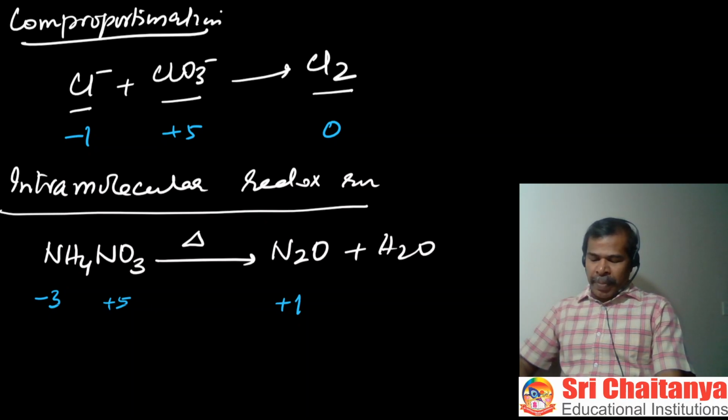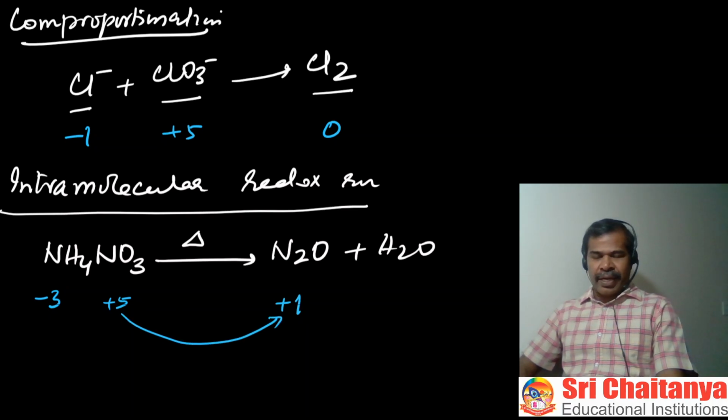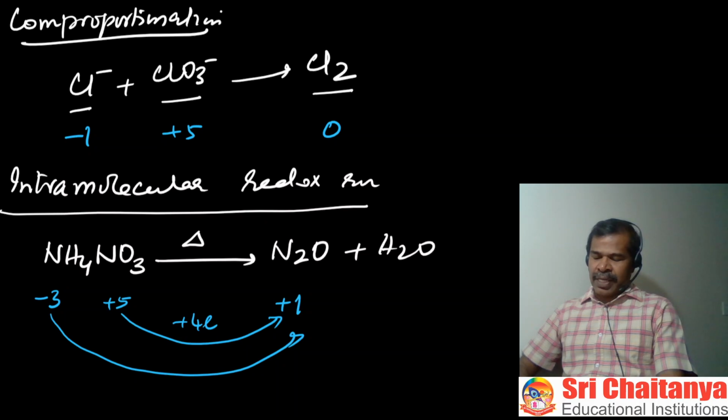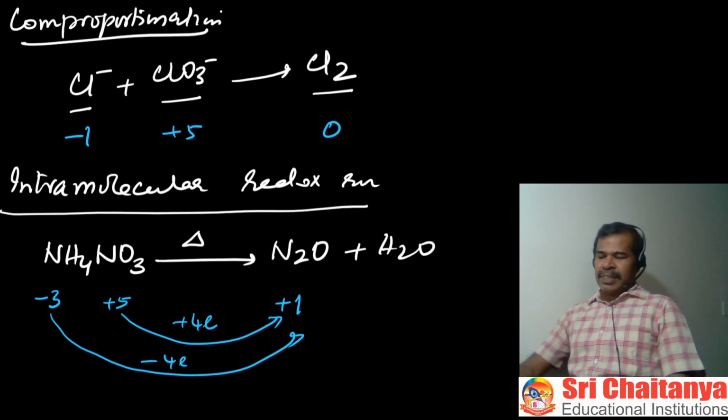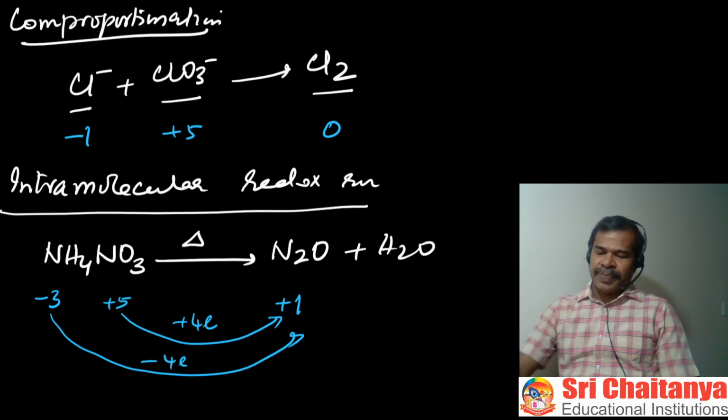So -3 and +5 are getting together to form +1, that is, there is a 4 electron gain and there is a loss of 4 electrons. That means it is gaining 4 electrons and here there is a loss of 4 electrons. So internally the electrons are getting balanced. So that is called an intramolecular redox reaction.